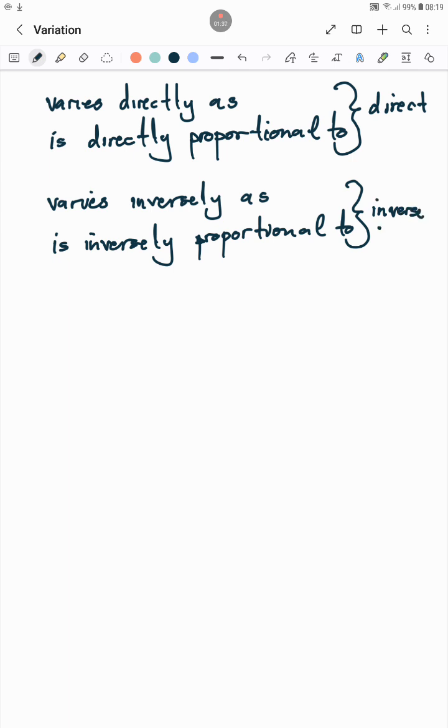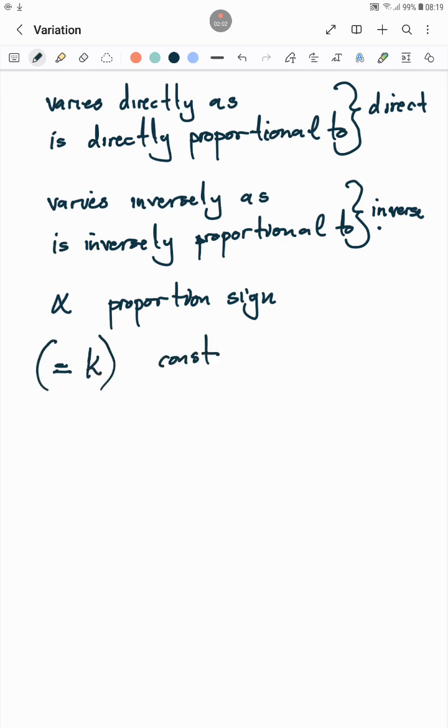So alpha is our proportional sign, or sign of proportion, and whenever you remove the sign of proportion, you introduce a constant with an equal sign, the letter k, which is our constant.